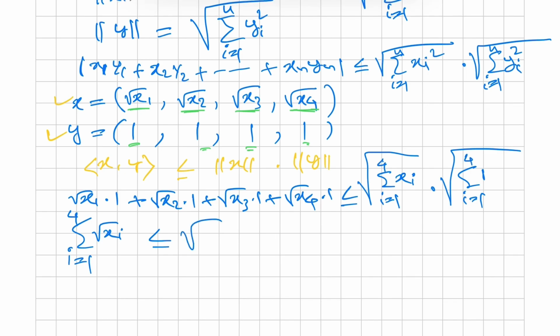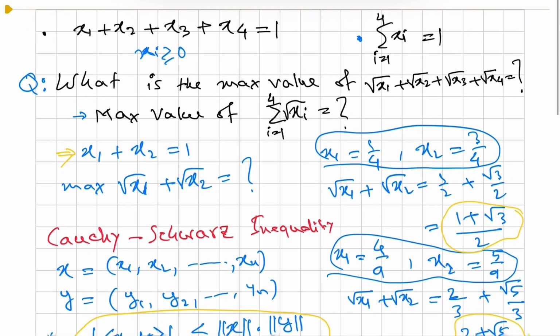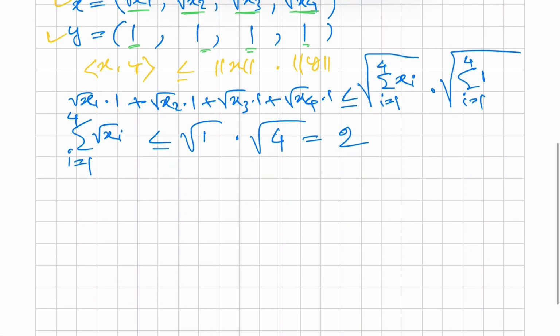We know that the summation of xi is just 1, so square root of 1, and here square root of 1 four times, so basically square root of 4, which is 1 times 2, which is 2. So what we have proved is that the maximum value of this is 2.